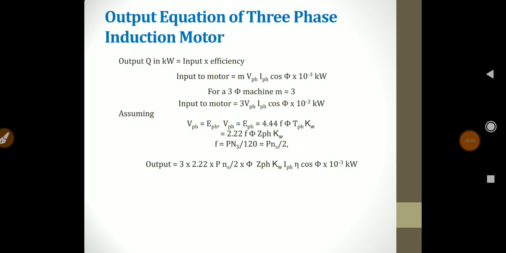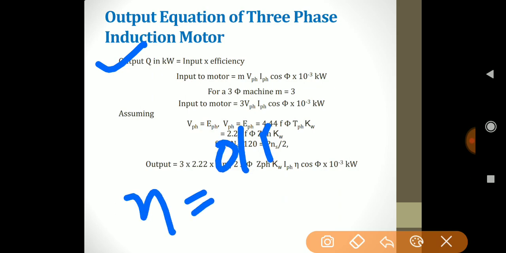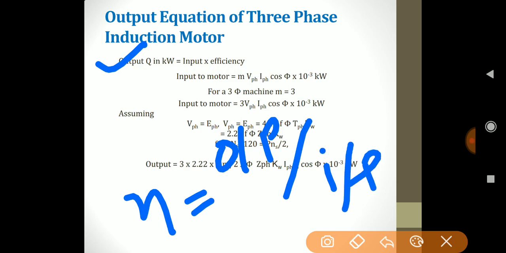the output Q in kilowatt is given by input into efficiency. Generally we know efficiency is equal to output upon input. Hence I can say output in kilowatt is equal to efficiency into input. That's what is mentioned here.